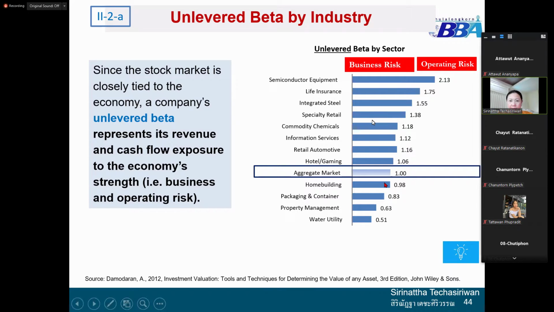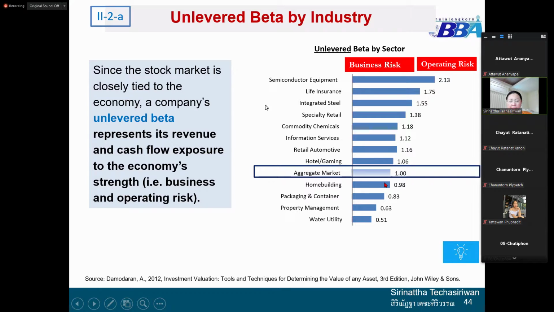But for a sector that is more cyclical, like cyclical companies or electronics, like high ticket items, it is riskier compared to the economy, so the beta should be higher, right?